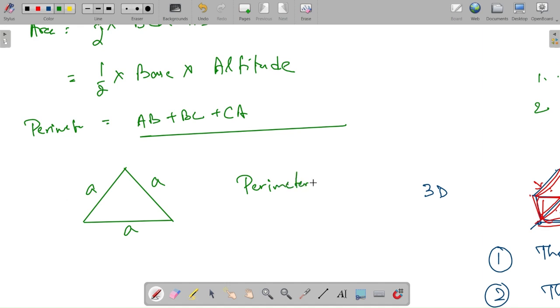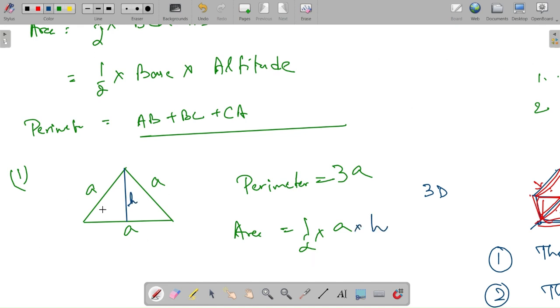Saptak, can you tell me what will be the perimeter in this case? 3a. Very good. 3a. And the area will be half into a into whatever will be this altitude. So let this altitude be h. So half into a into h.